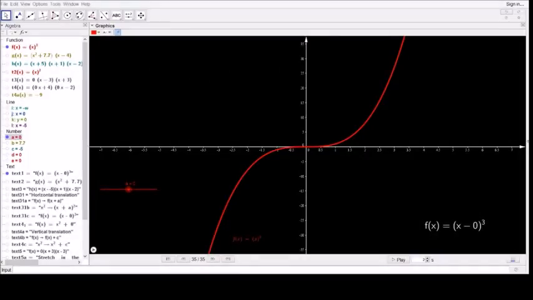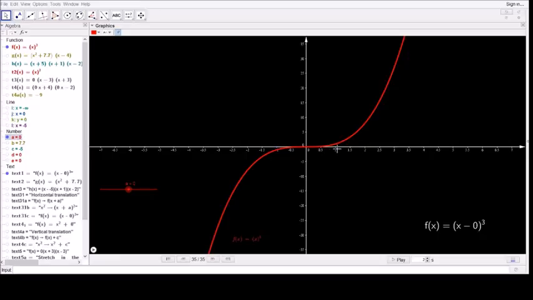In the first animation, we'll look at the graph of the cubic function f of x is equal to (x minus a) all cubed. To begin with, I've set a equal to 0, so in fact this graph is showing f of x equals x cubed. The important points to note about the graph of x cubed is it has a triple root at x equals 0.